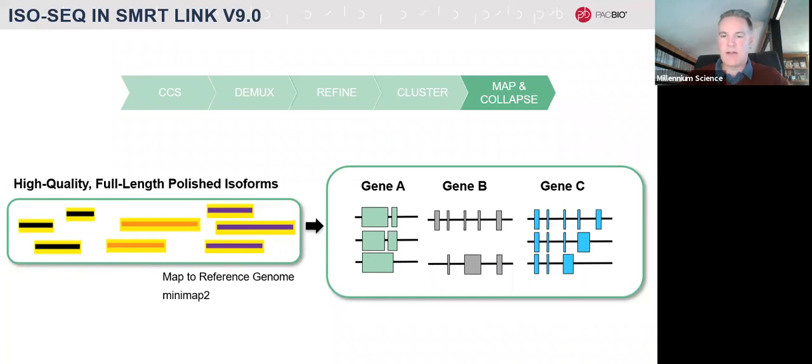Yeah, full-length messenger RNA, which you've seen from your cDNA. So that's essentially how the pipeline runs once you've made your libraries and run your sequencing.